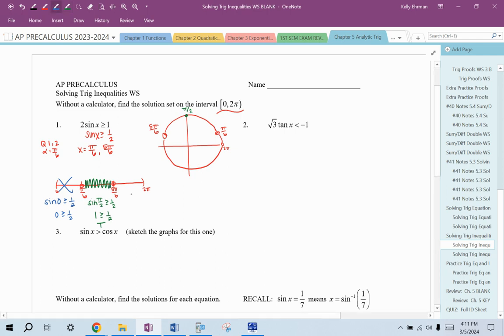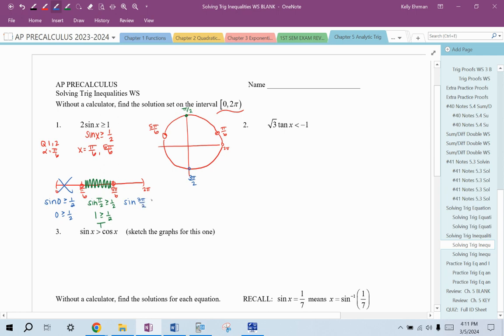And last one to check would be something between 5 pi over 6 and 2 pi. You could pick pi, 3 pi over 2, 2 pi. Anything in here is going to work. So let's just say we do 3 pi over 2. Anything we pick in this realm should give us the same conclusion, so it doesn't matter.